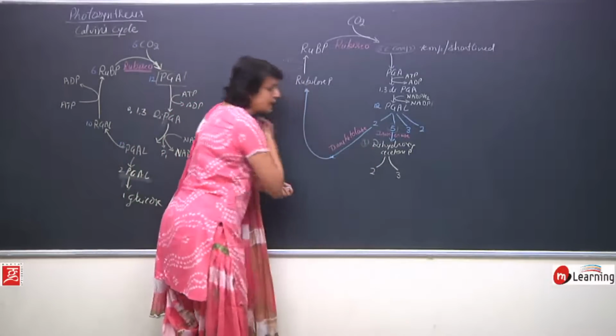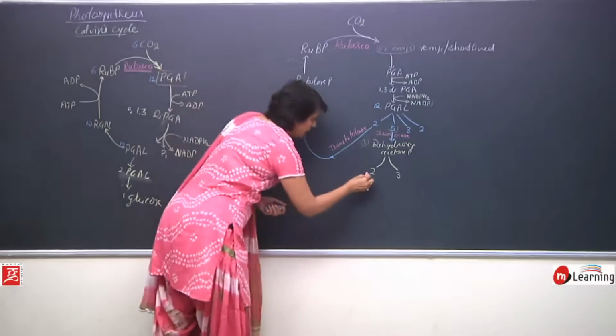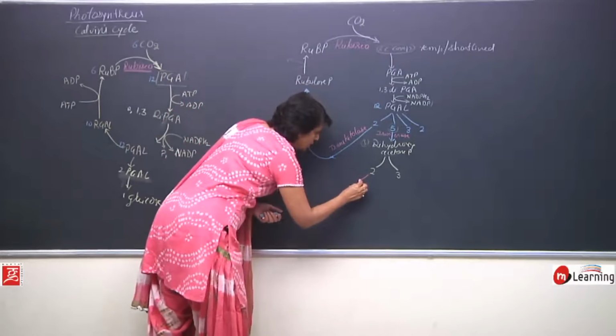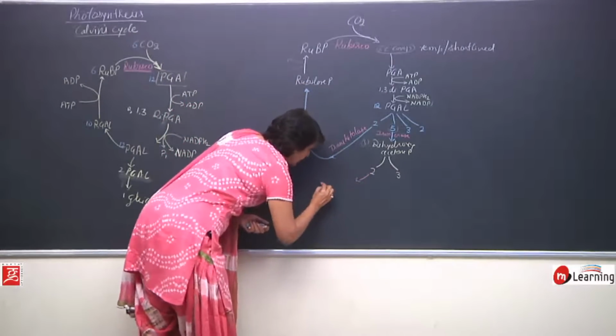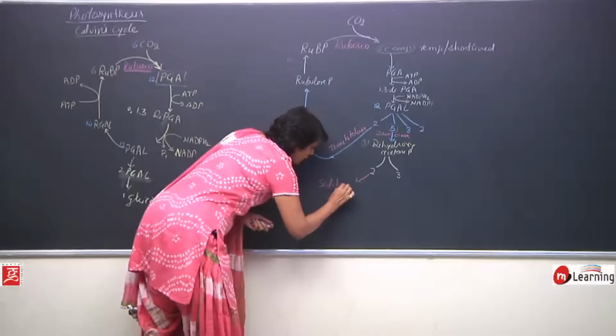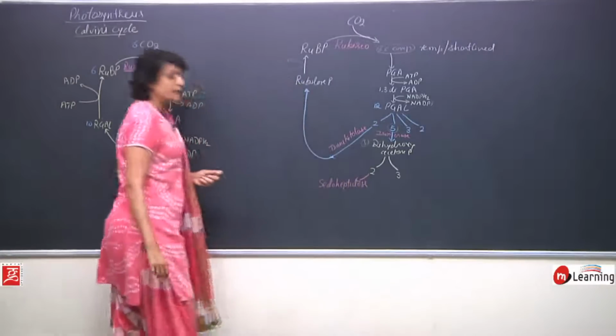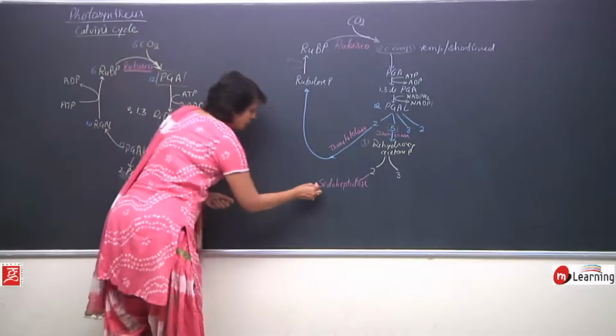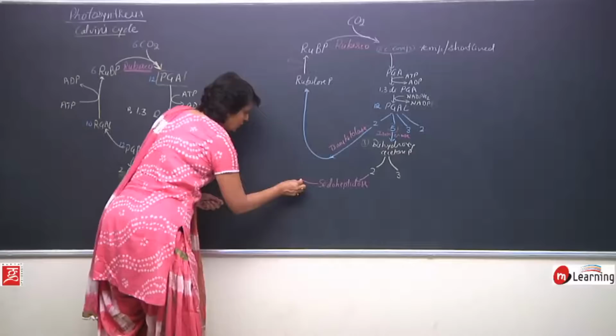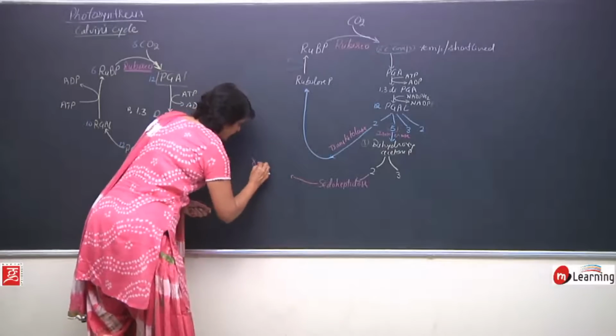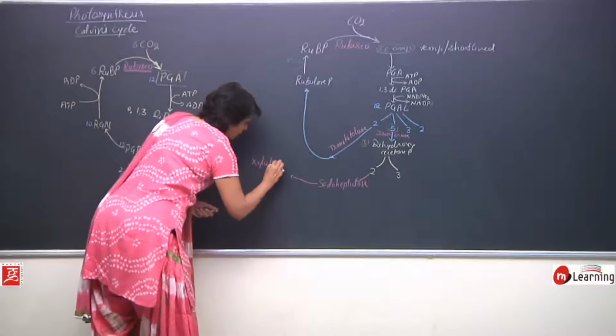the 2 dihydroxyacetone phosphate change into pseudoheptulose, and this pseudoheptulose changes into xylulose.